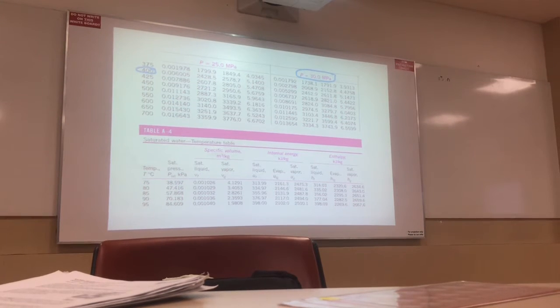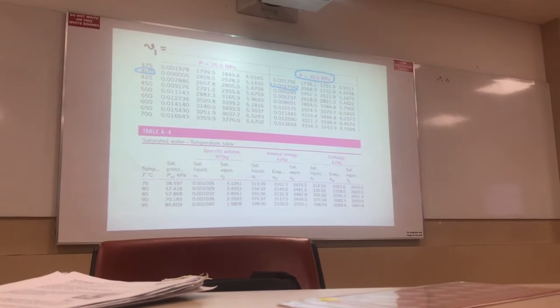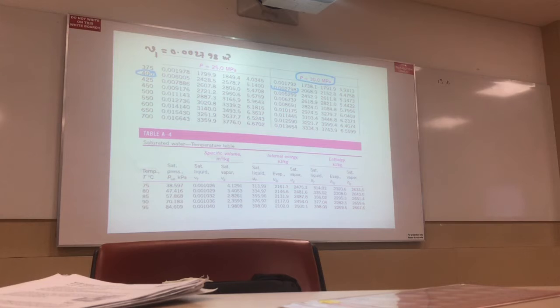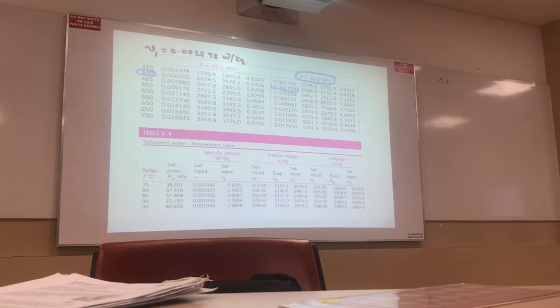What is the specific volume? This one. Then I can write, what is V1? V1 becomes 0.00278 meter cube per kilogram.